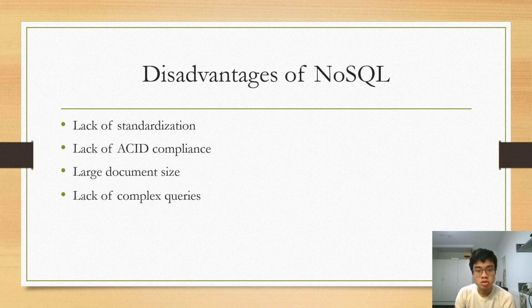This can be a drawback for application that requires strong data consistency guarantee. Next, large document size. It is because NoSQL database doesn't require normalization, so there would be much data redundancy in the database. Lastly, lack of complex query.